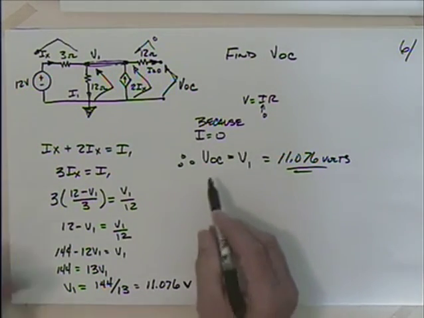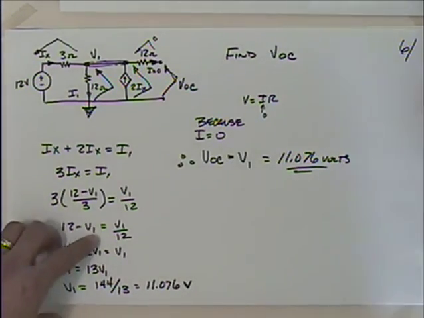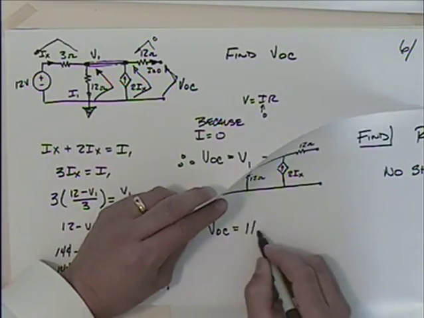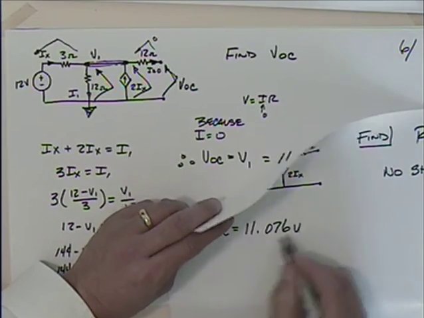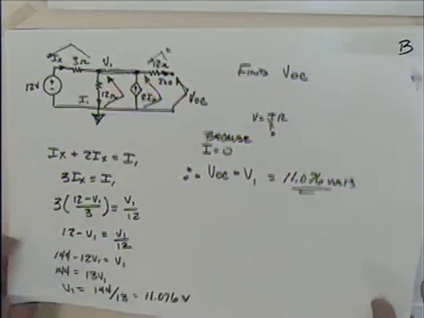Okay, so because this current there is equal to 0, V open circuit is equal to V1, and I have that. So let me summarize that here. V open circuit is equal to 11.076 volts, and that's from page number 6. Okay, so we'll go on to 7.